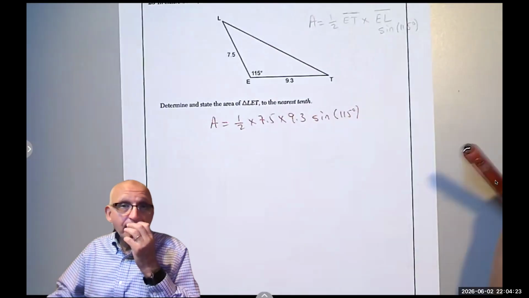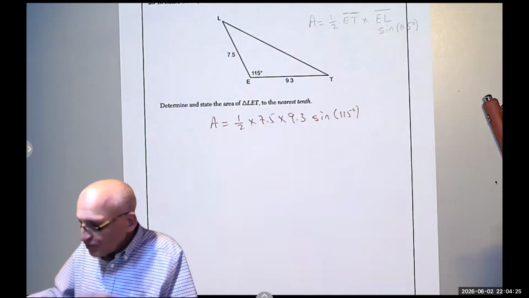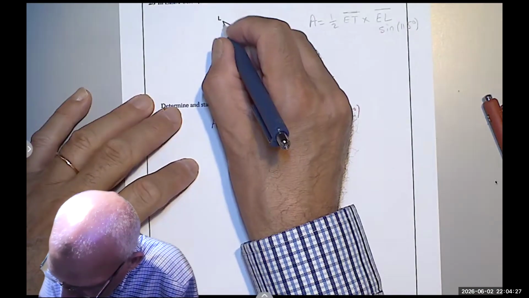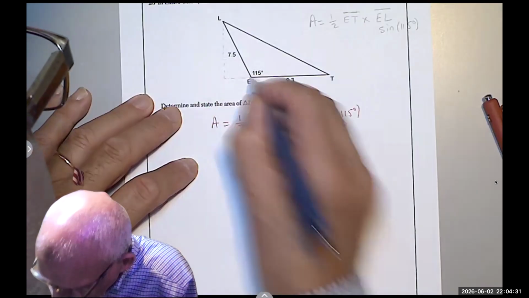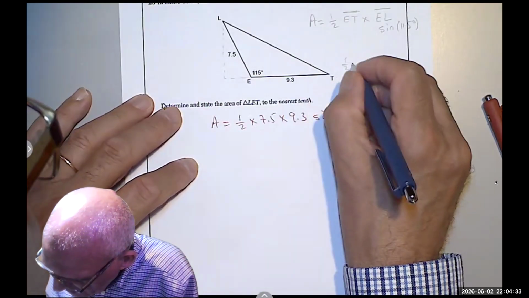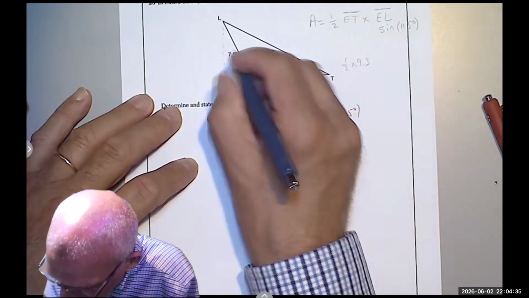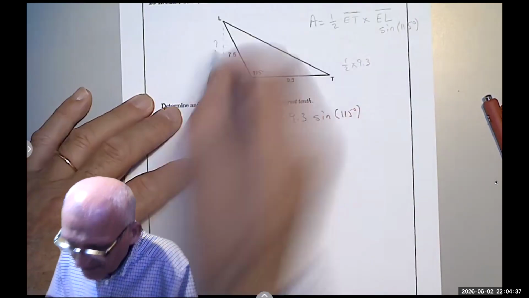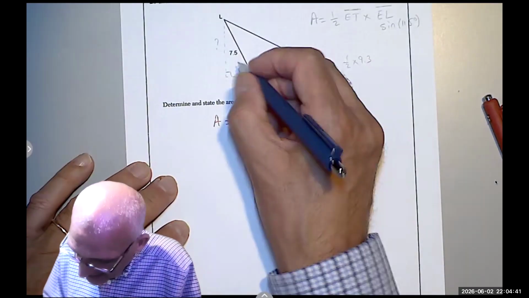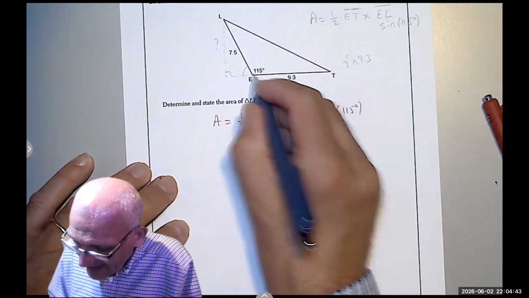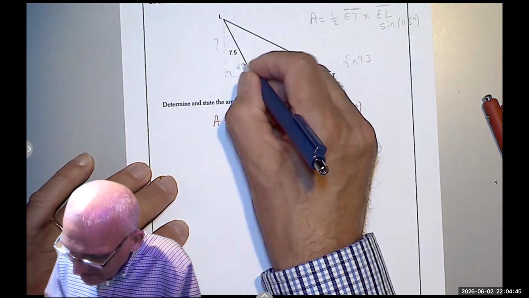That's all. Notice that if I had constructed the height, it's 1/2 base times the height. But what is the height? If this angle is 115, then this angle is the supplementary, or 180 minus that, which is 65 degrees.